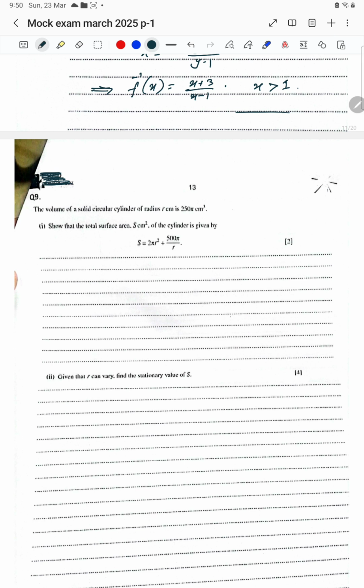Yes, here in question number 9, it is the volume of a solid cylinder. Okay, a circular cylinder of radius r. This is like a circular cylinder. So volume is 250 pi centimeter cube.